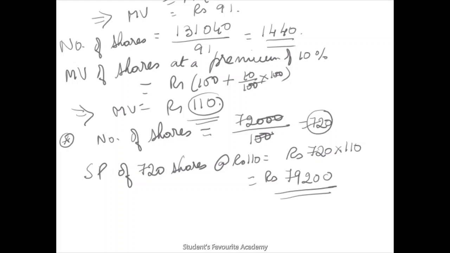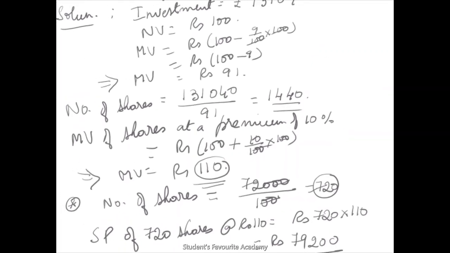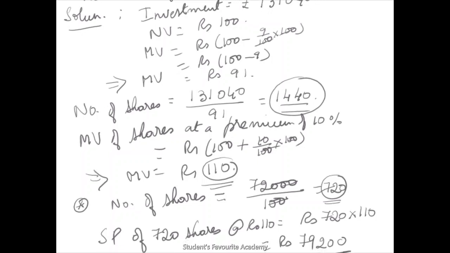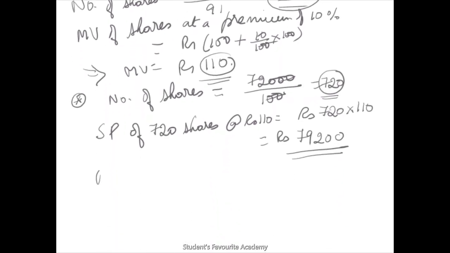Now the rest of the shares. The rest of the shares means the remaining shares. That is, her total shares are 1440. She has already sold 720 shares. So remaining shares, how much?